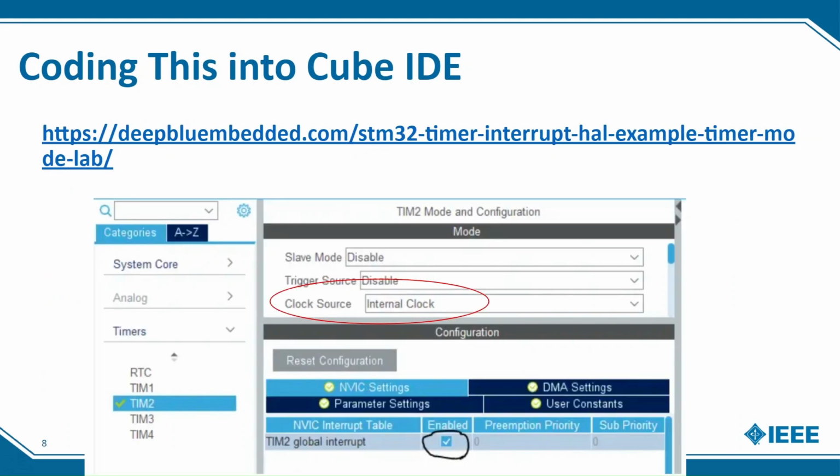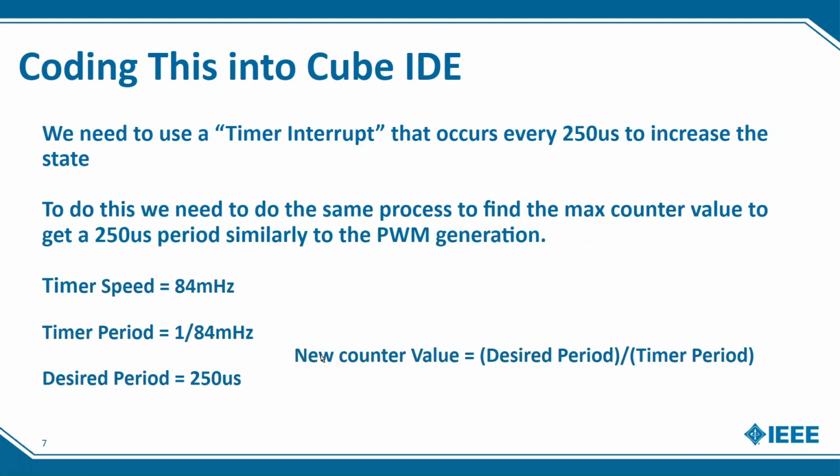We'll go over that in a second. So now we have a new timer counter value of 21,000, meaning that it will count at a speed of 84 megahertz, like 1, 2, 3, 4, 5, and once it gets to 21,000, it'll stop and then restart at 0.